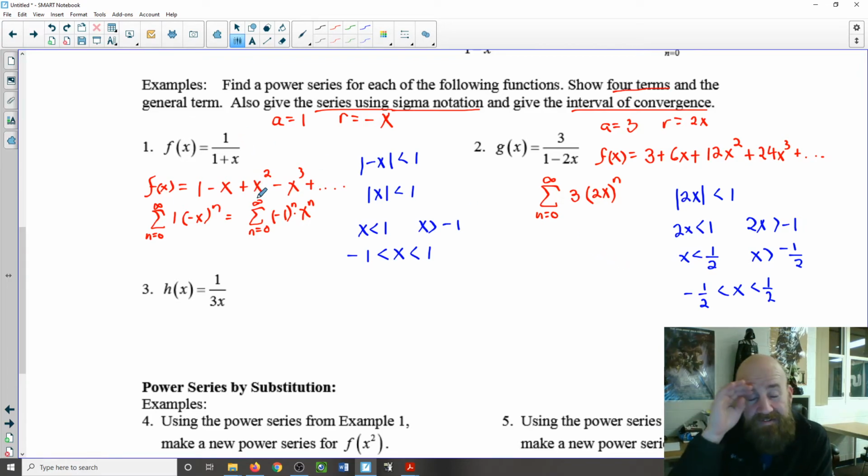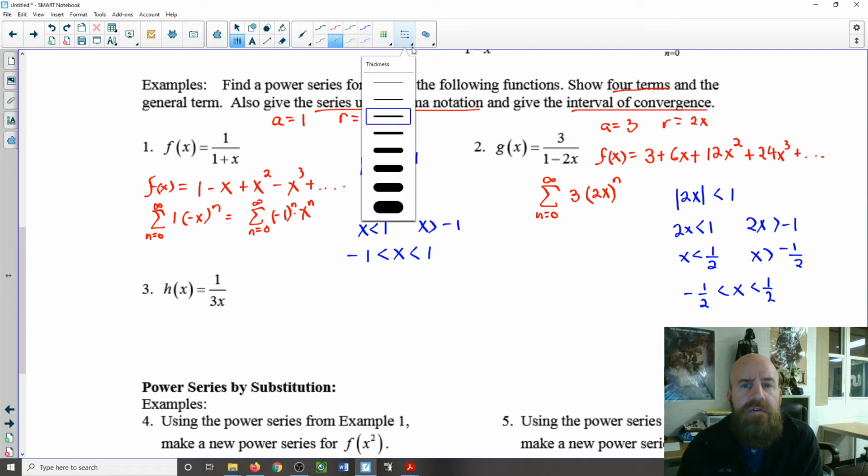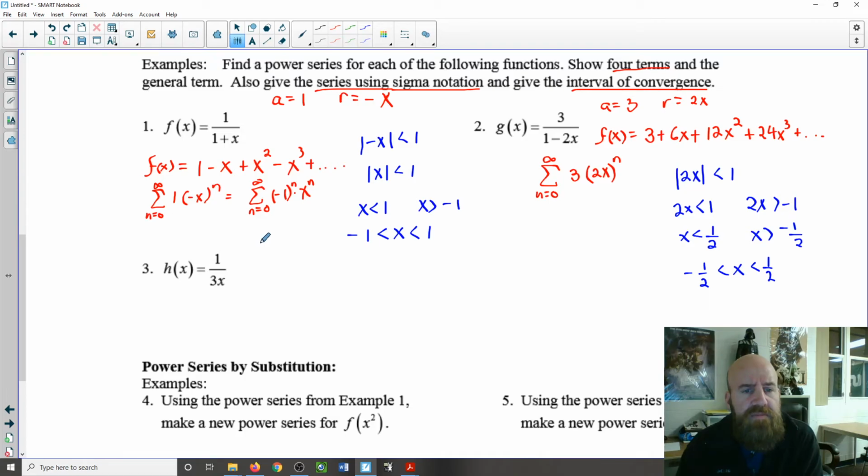And then last example here, h of x is 1 over 3x. So at first glance, this might not look like a power series, but it is. So it's geometric because we can write an a value of 1. We have a number on top. And then on the bottom, so over here I'm going to write what the bottom would look like.